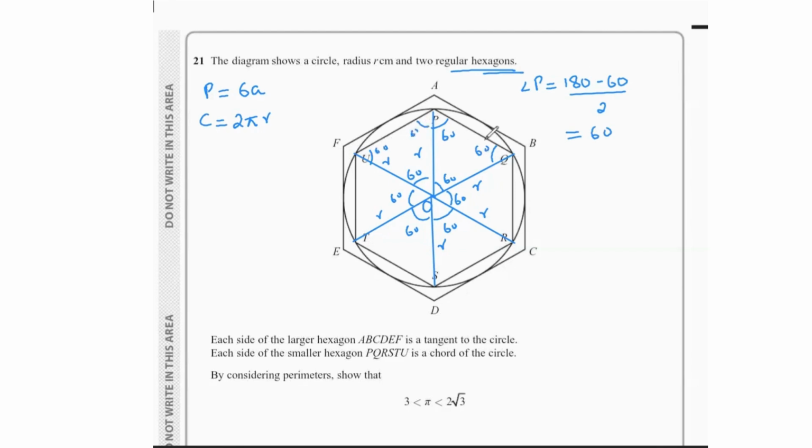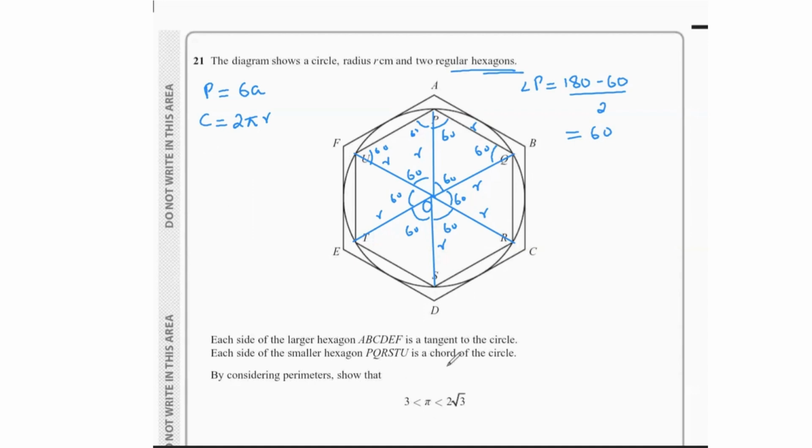So using this, this length is also going to be R, because if the angles are all 60, it's an equilateral triangle, so the lengths are also going to be equal.